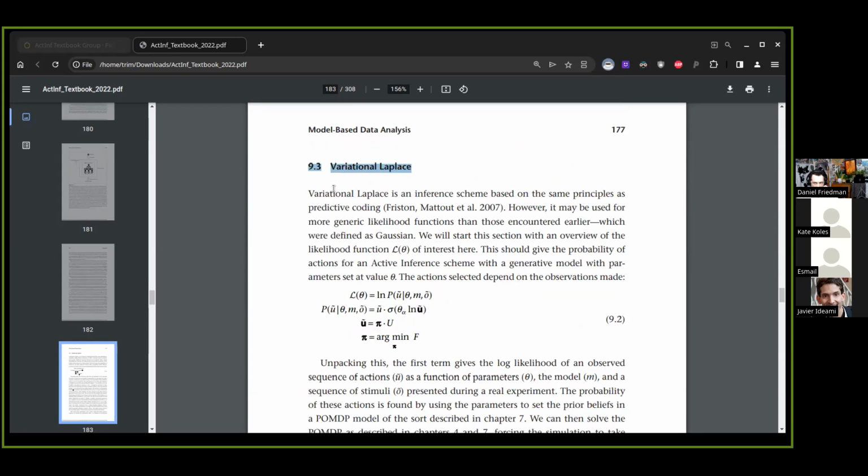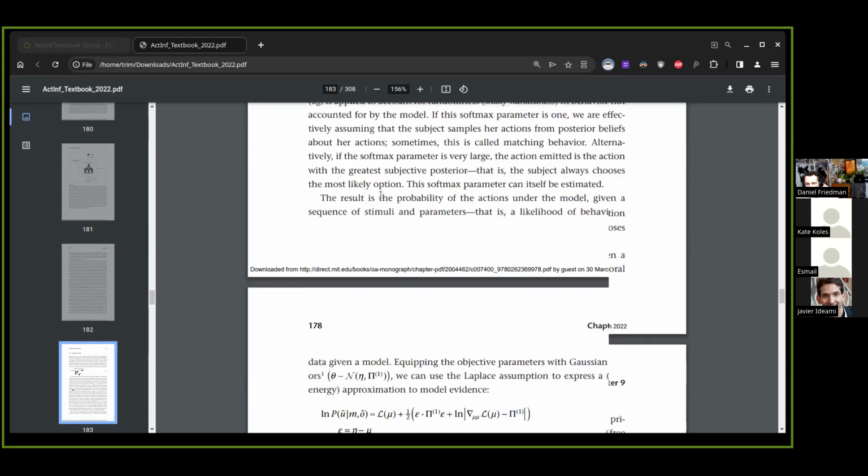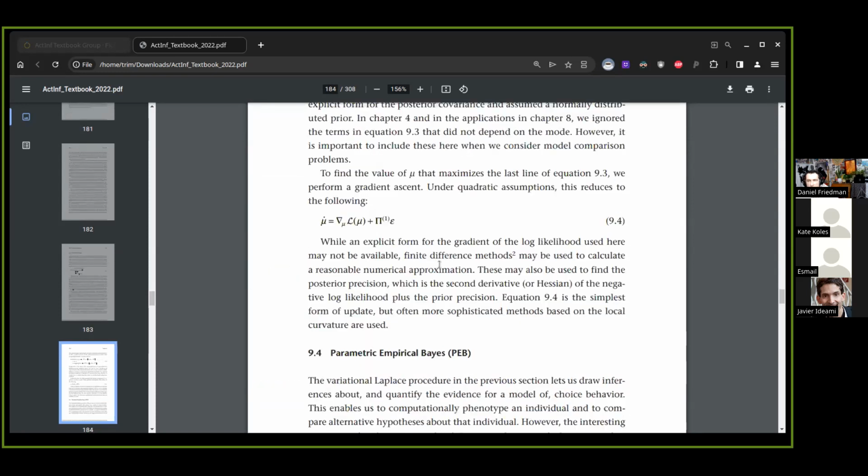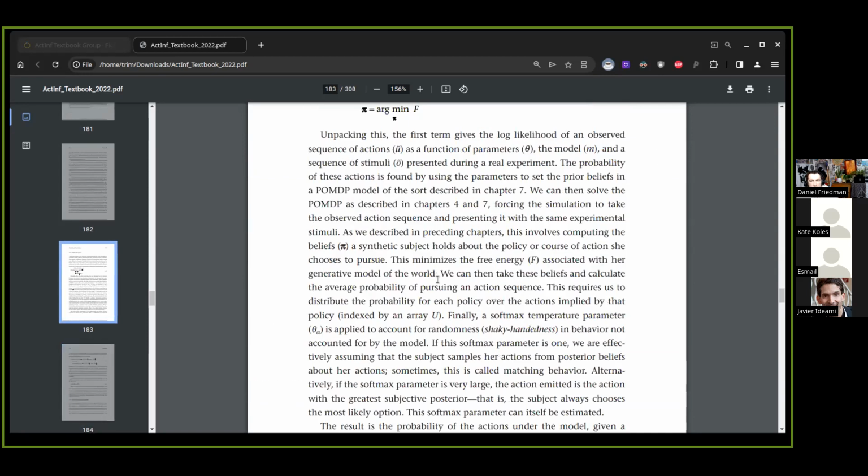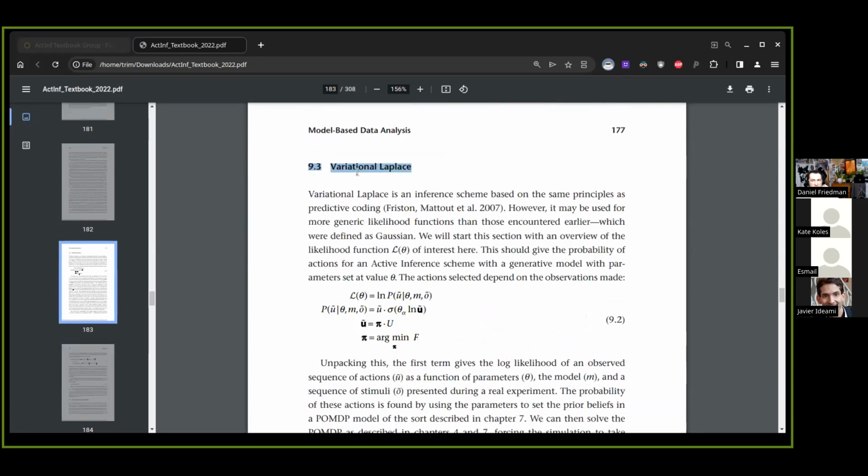Now we take a little detour into what's called variational Laplace. The exact technical details of 9.3 are not super important. Just at the title level, variational means we're going to be doing variational inference.